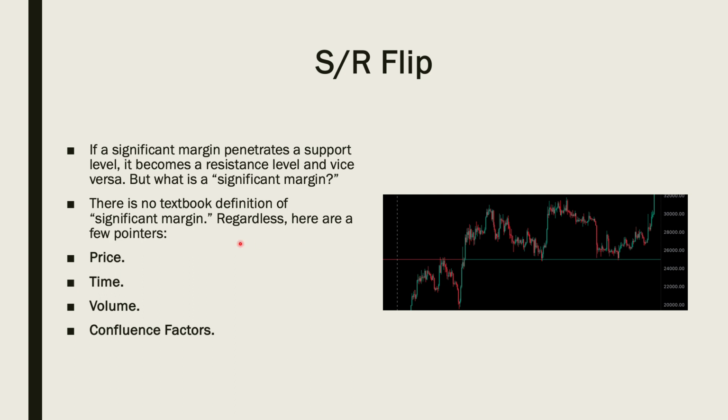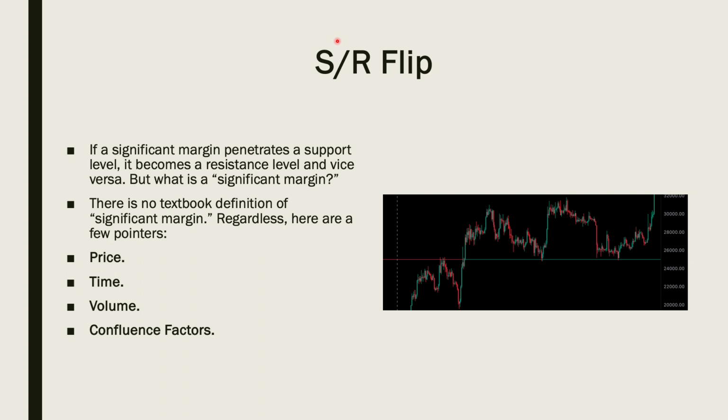And a significant margin is something that you cannot quantify, but I will give you a few pointers related to price, time, volume, and other confluence factors. But if we are talking about price, you could say that there is the 1 to 3% rule, meaning that if price penetrates a level by 1 to 3%, you could call it a significant margin.